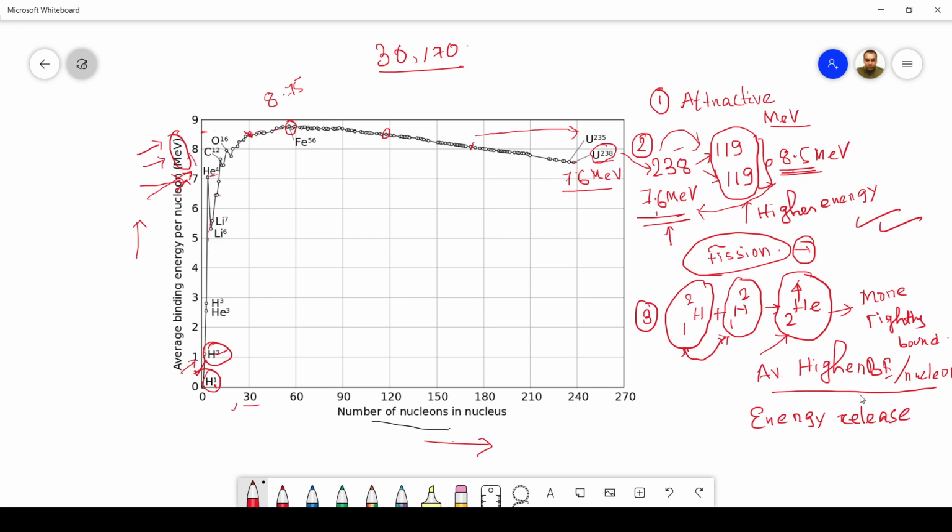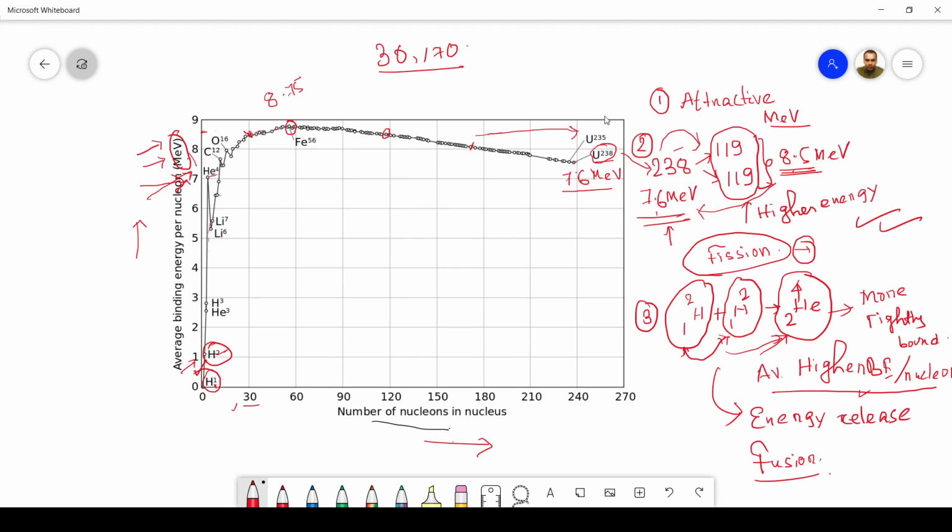That means if you combine two lighter nuclei to form a heavier nucleus, energy will be released, and in nuclear sciences this process is known as nuclear fusion. So these are the main points from this particular plot.